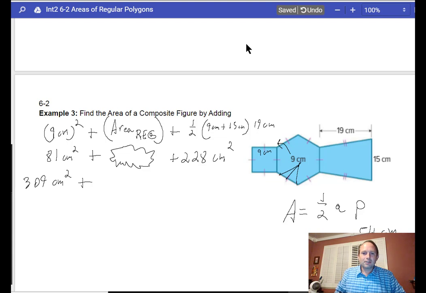And then we have this half right here. And then we have the apothem. We have to figure out what is the apothem. Why don't we do it?